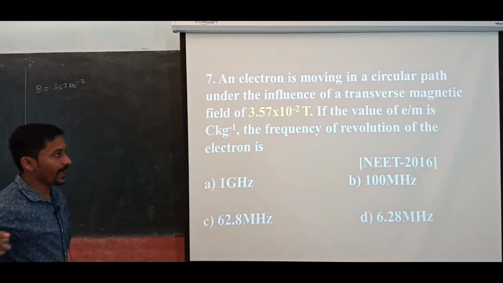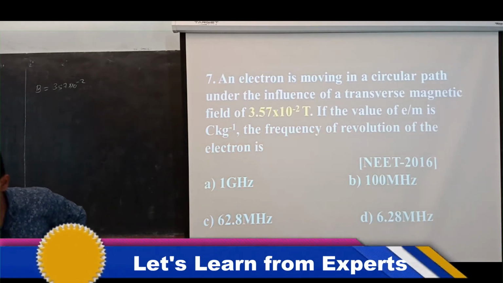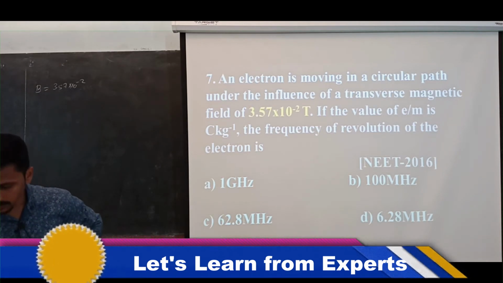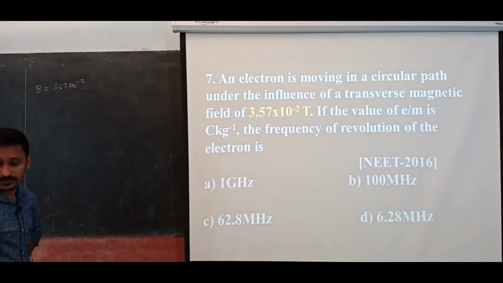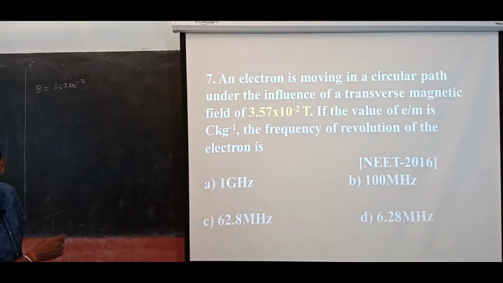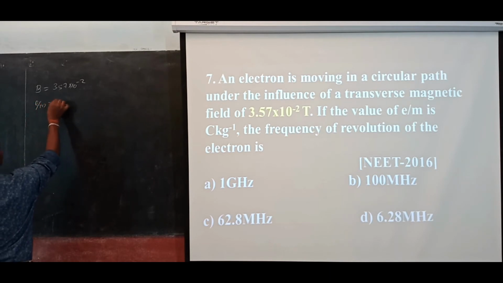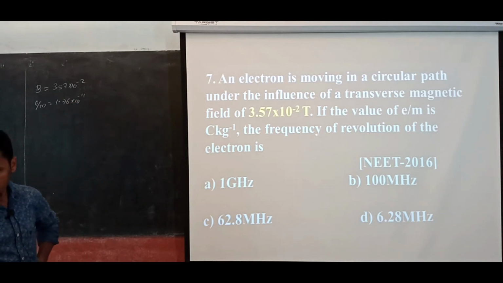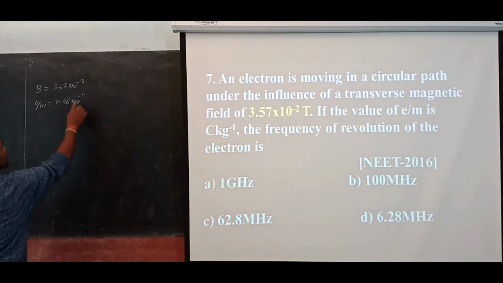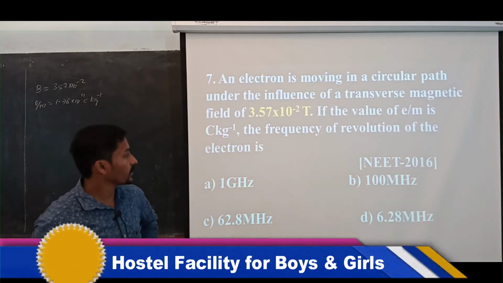Tesla. If the value of e by m is 1.76 into 10 to the power 11 coulomb per kg, which you can't see on the screen, okay.